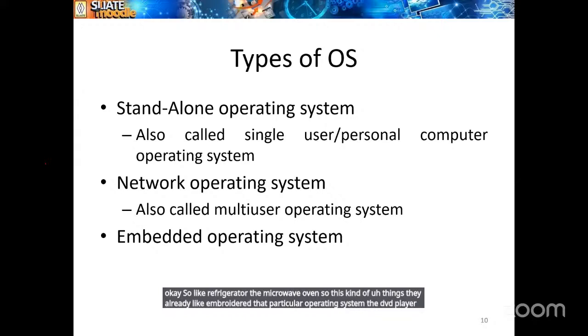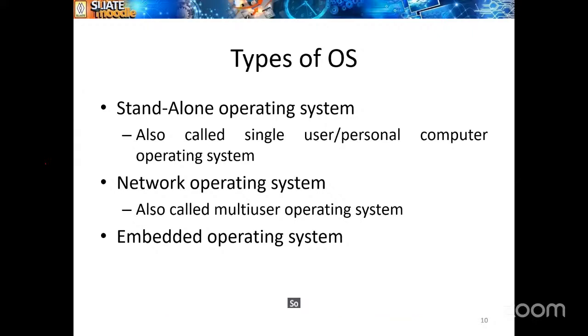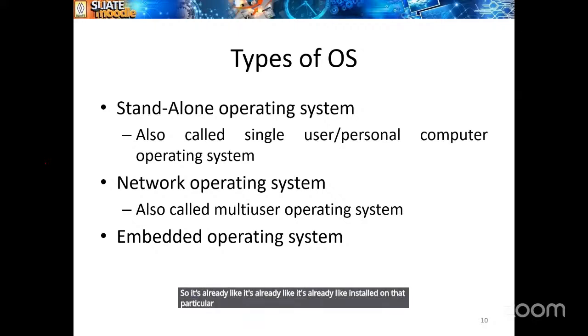These are examples of the embedded operating system. It's already installed on those devices, and we can't modify or change the software. That is why it is called an embedded operating system.